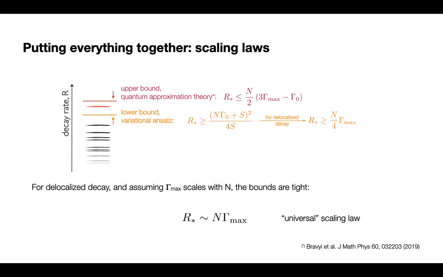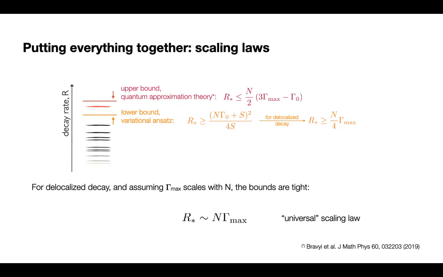And then for the upper bound, we use this recent result of Bravi et al., where they look at two-local Hamiltonians that are traceless, to which we can map our Hamiltonian. They find a statement about the ground state energy, or the largest eigenvalue of the Hamiltonian, being bounded by 6 times the expectation value of the eigenvalue.